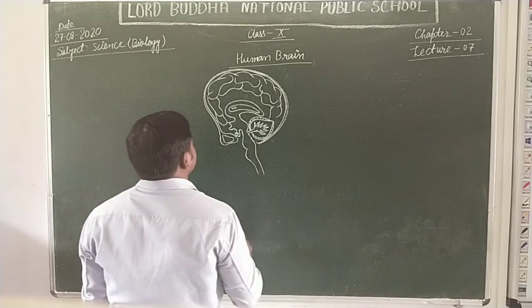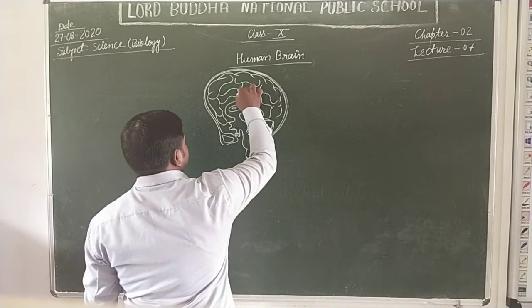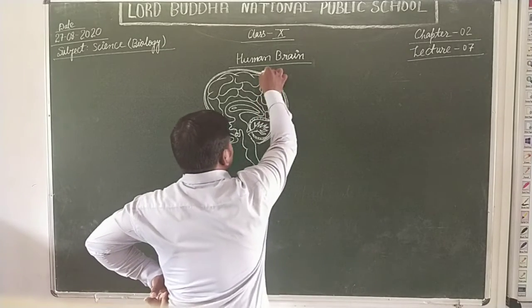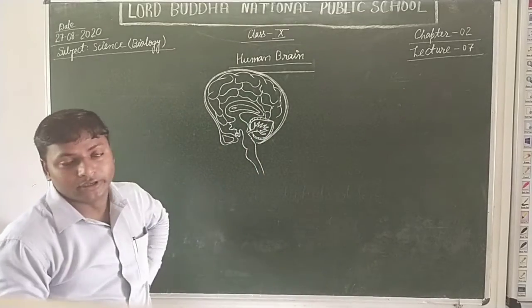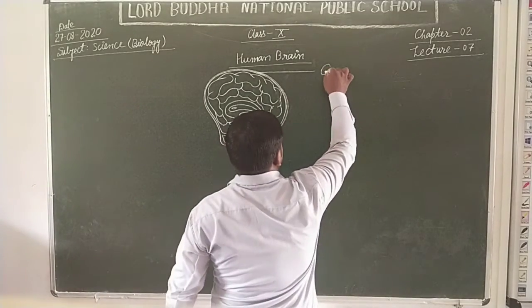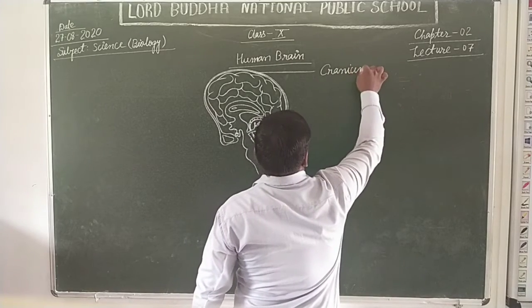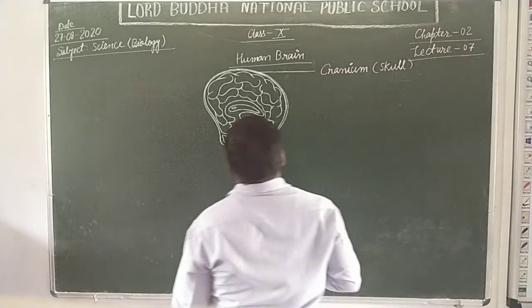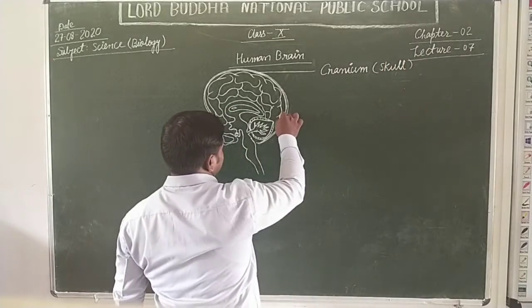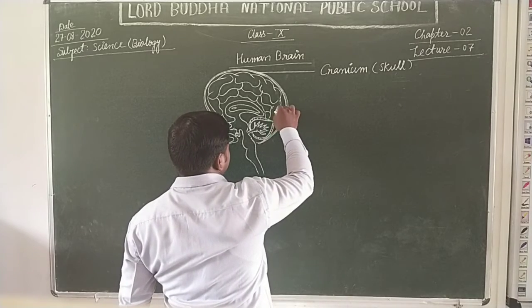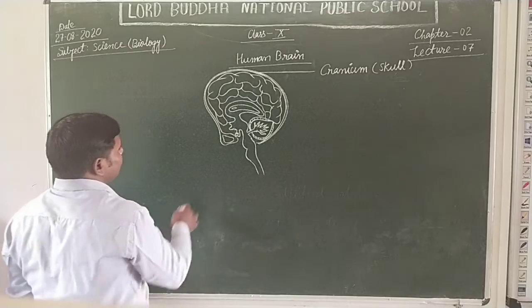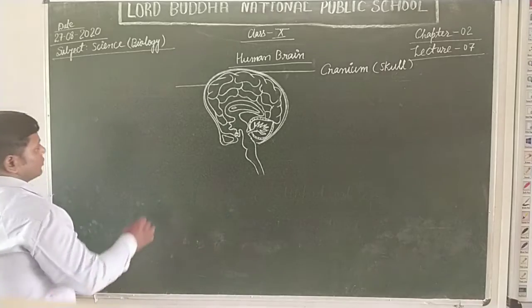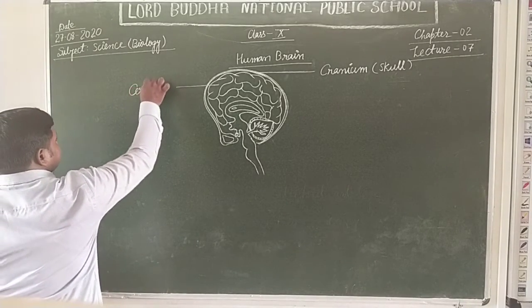Now students, I am going to label the diagram. This is the outermost protecting case or covering of our brain, called the cranium, or you can say skull, and its cavity is called the cranial cavity, inside which our brain is enclosed. This is the first part of our brain, called the cerebrum.